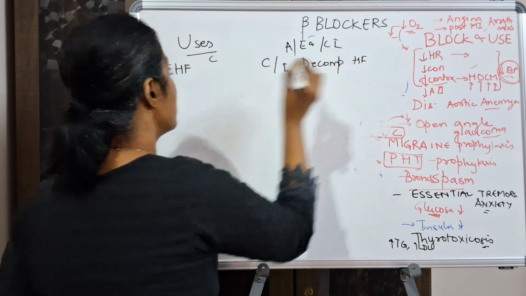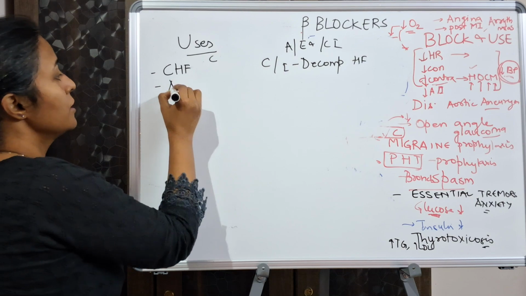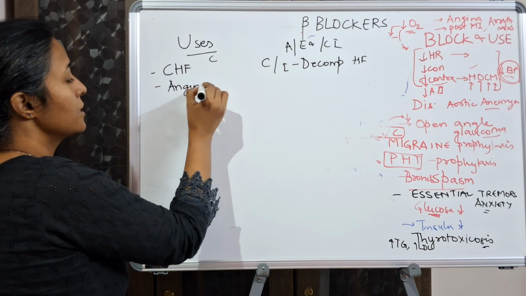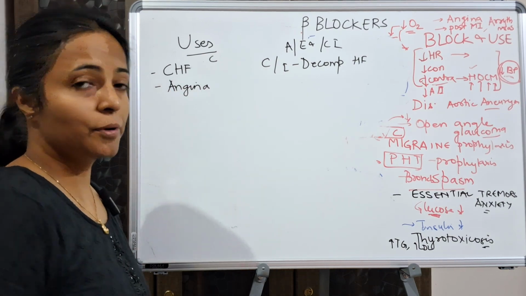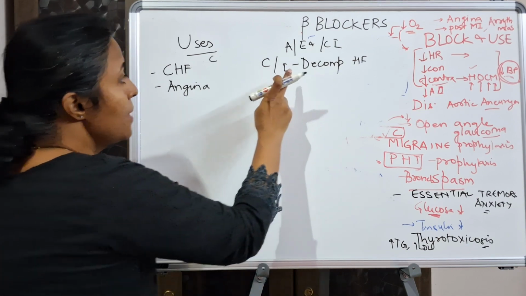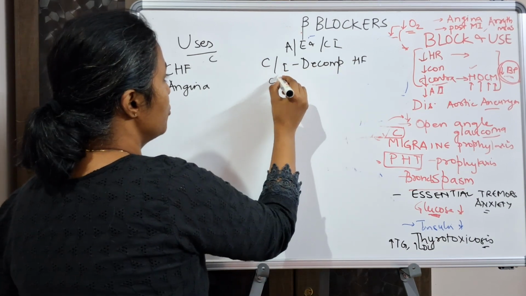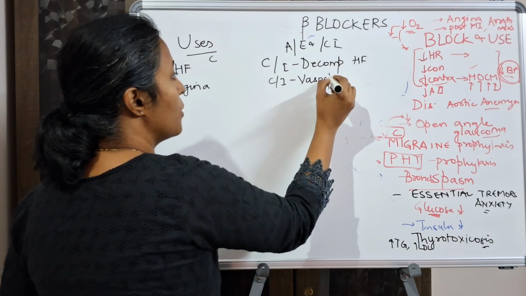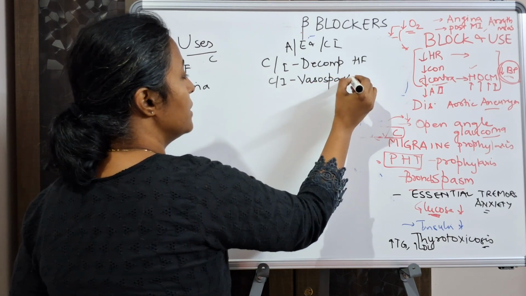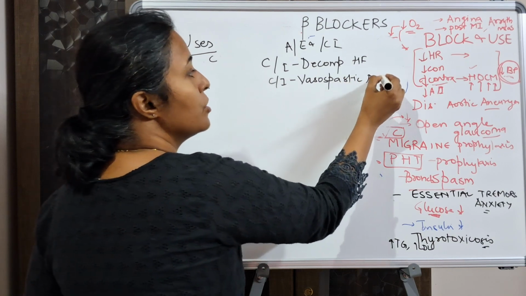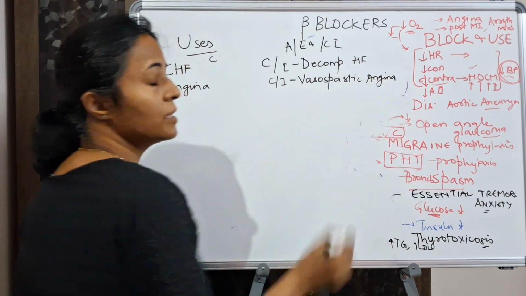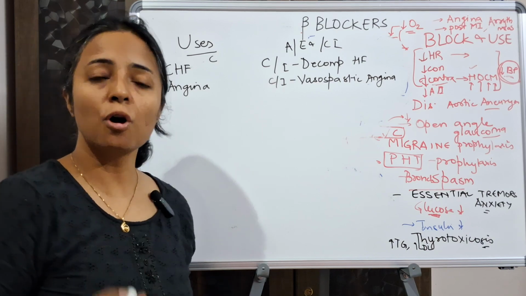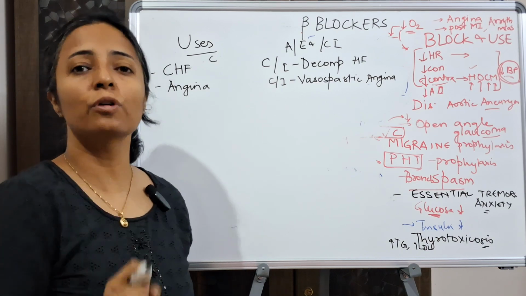CHF it is used. Then it is used in angina, in stable angina, and for prophylaxis in unstable angina. But it is not used in vasospastic angina, or Prinzmetal angina. Why? In the video on anti-anginal drugs we have seen that the cause of that is vasoconstriction.